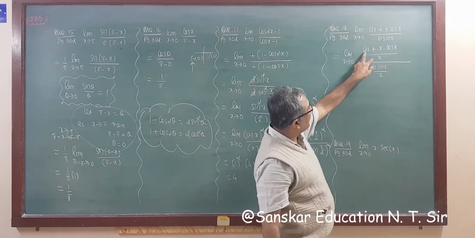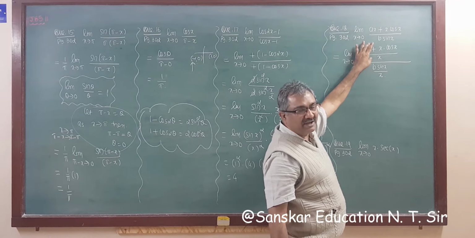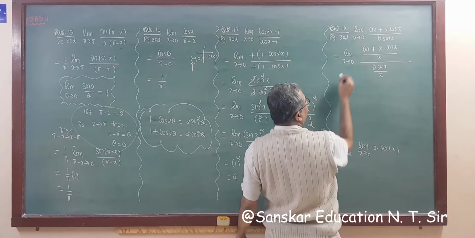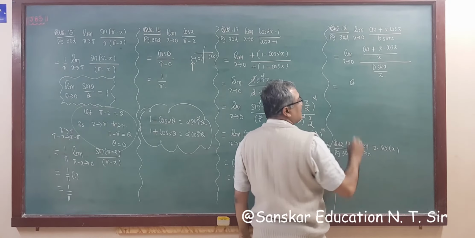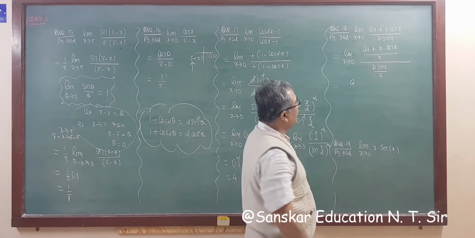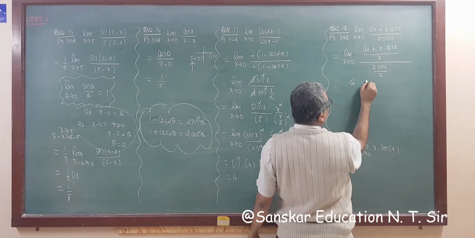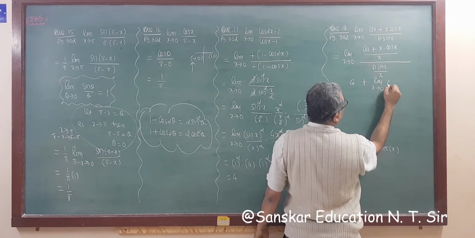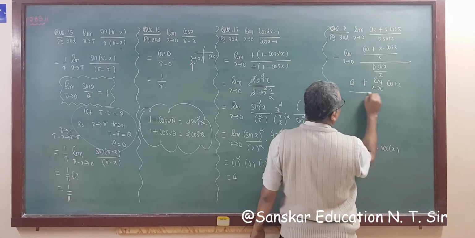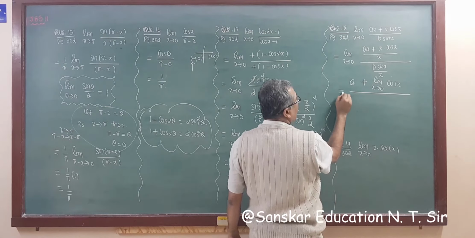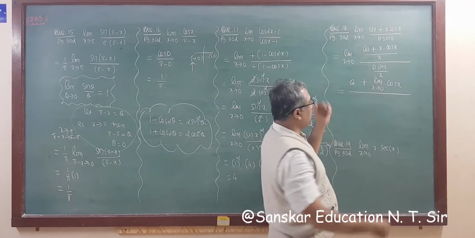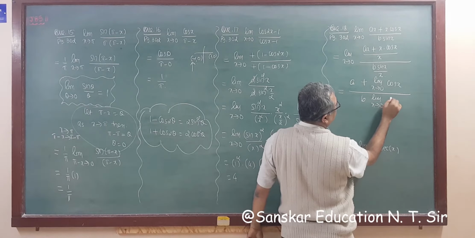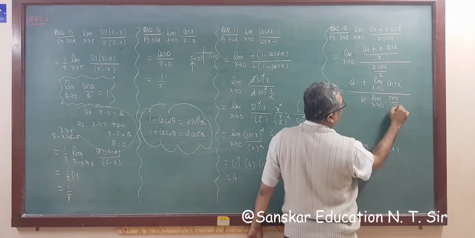Now if you bifurcate, giving numerator a separate limit and denominator a separate limit, and bifurcating this, x by x will be cut. So we get a, that is constant, so no need to write limit. This x by x will be cancelled. So limit x tends to 0, cos x, whole upon b is constant, so writing outside the limit, and giving limit in denominator, limit x tends to 0, sin x upon x.